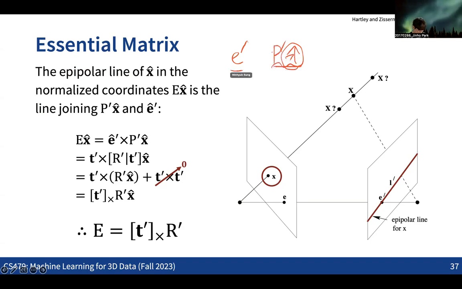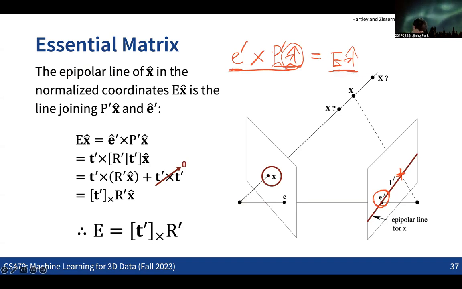So we look at the line connecting these two points, which is the projection of this point into this plane and the epipole here, and this line can be computed with the cross product of these two, right? This should be the same as the E X prime, which is also the epipolar line, right?